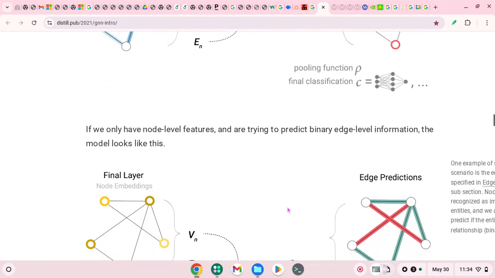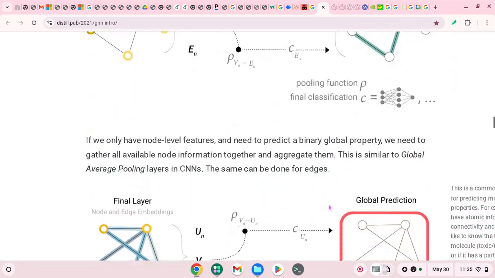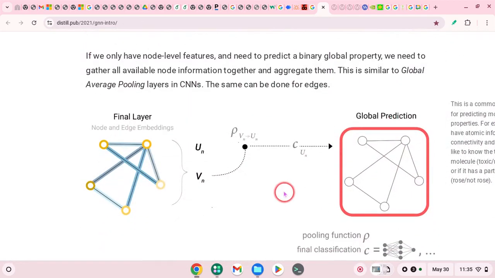Similarly, for the edge level task, we can take the information from the nodal levels and feed it into an edge level multi-layer perceptron at the final stage, and identify whether the edge belongs to a particular class or not. Similarly, for the global level, we can give the information from either the nodes or both, to identify the global task.